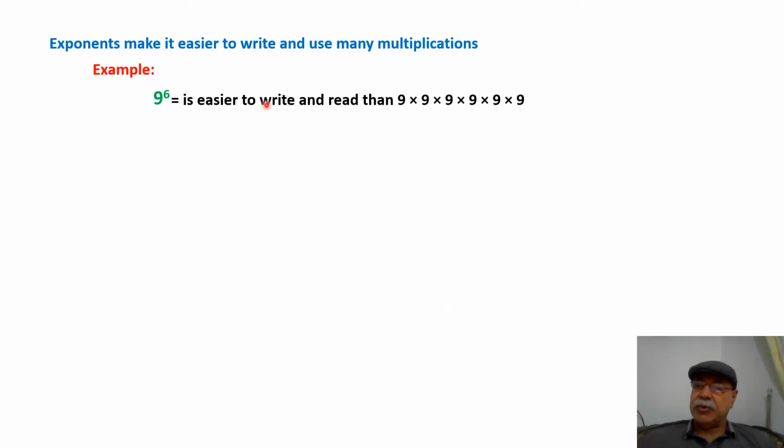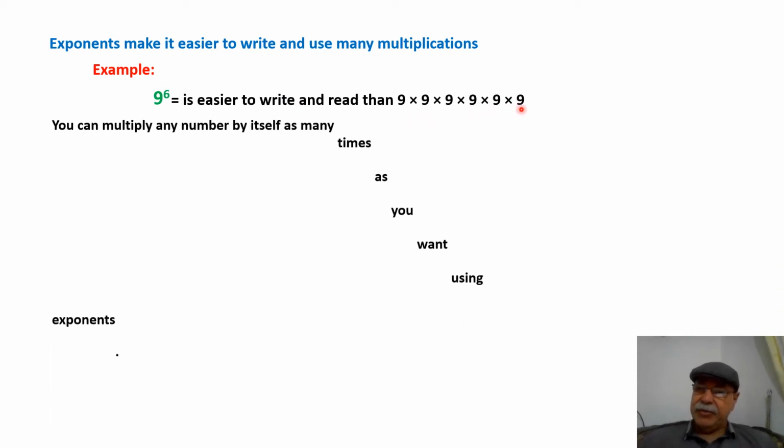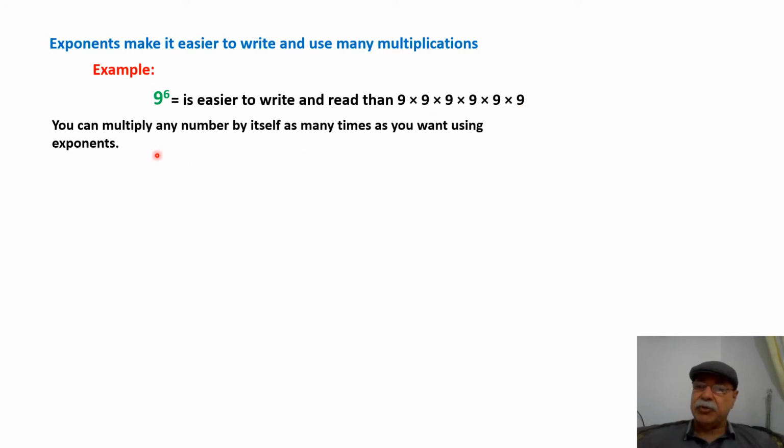It is easier to write and read 9 to the power 6 than 9 times 9 times 9 times 9 times 9 times 9, and you can say this is to multiply any number by itself as many times as you would using the expanded form.